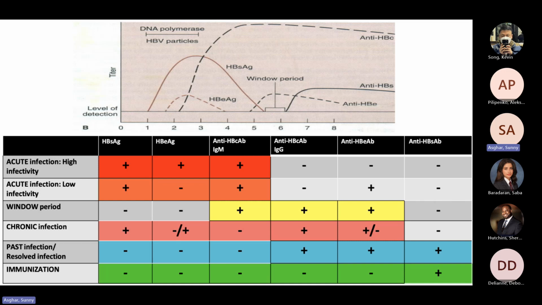Early infection of HBV is when we see it. And this marker, HBeAg, is a marker that shows high infectivity and active viral replication going on.